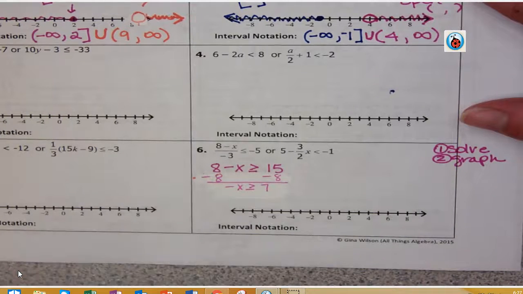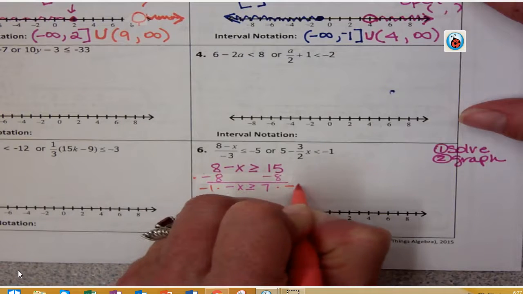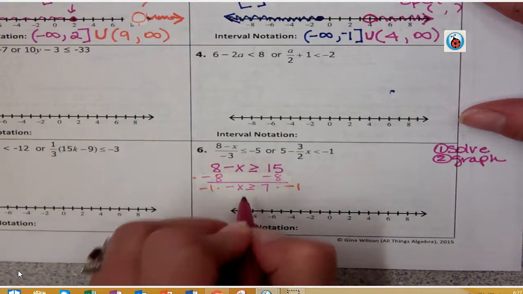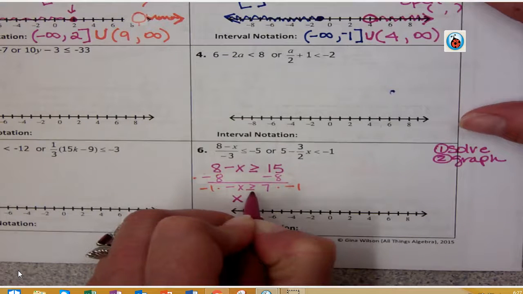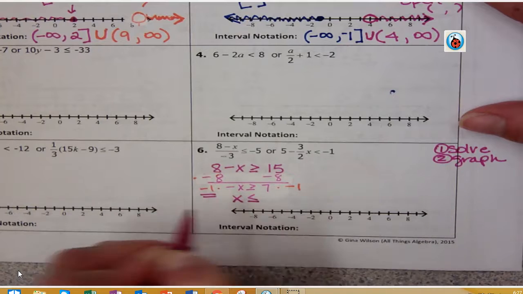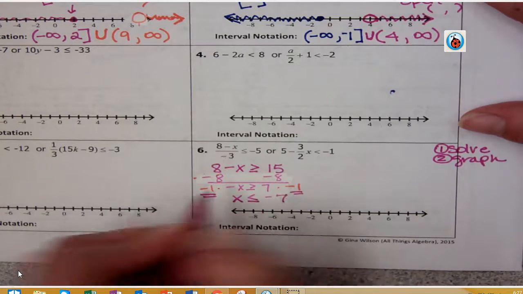I get a positive x here, but I need to flip that sign because I'm multiplying by a negative, and I get negative 7.